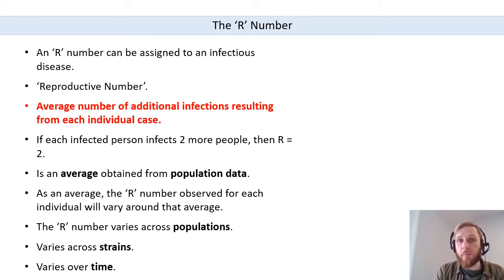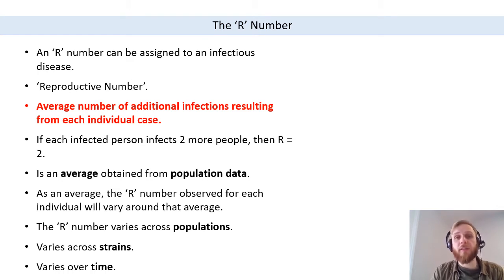It's not a whole number, and this is something to consider, or it's not necessarily a whole number, which can seem a little bit counterintuitive at first, because it can be something like 3.2 or 1.5, and how can an individual infected with an infectious disease infect 1.5 additional people?